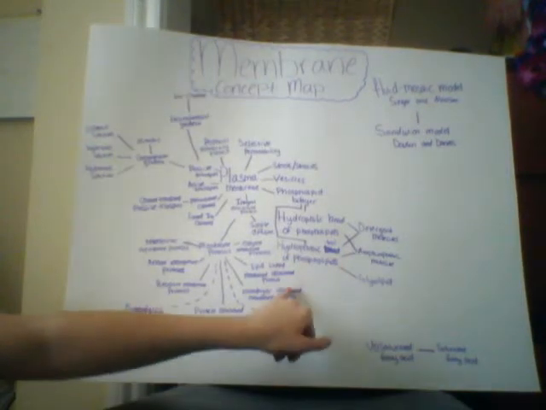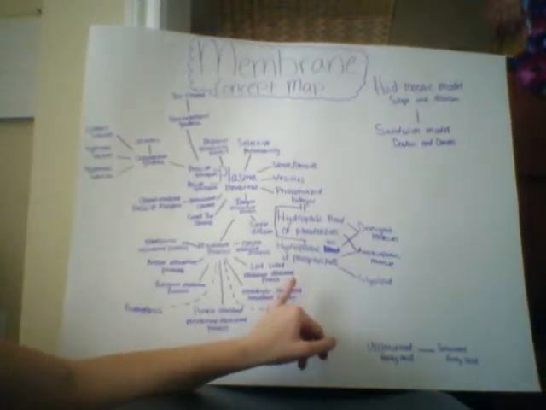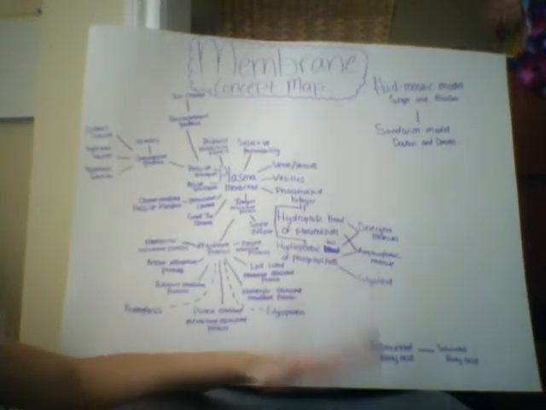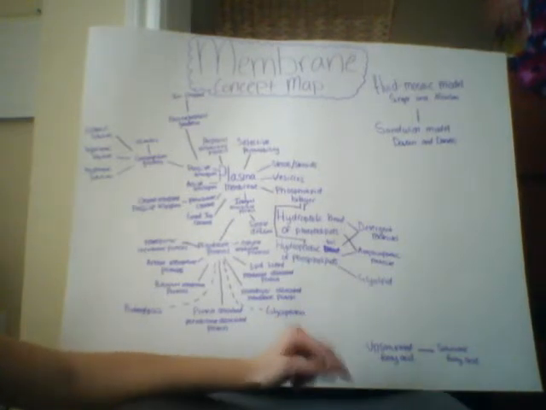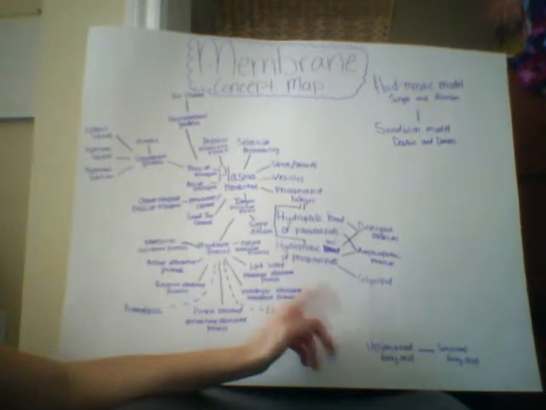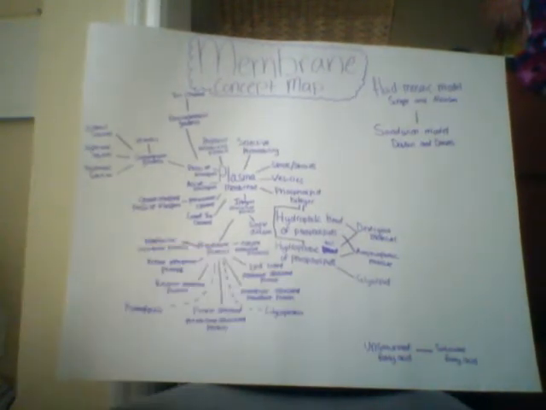And then we can go over to lipid-linked membrane-associated protein, which are proteins that are covalently linked to lipid molecules or hydrophobic molecules. Enzyme membrane proteins, which is when an enzyme is present or embedded in the membrane.